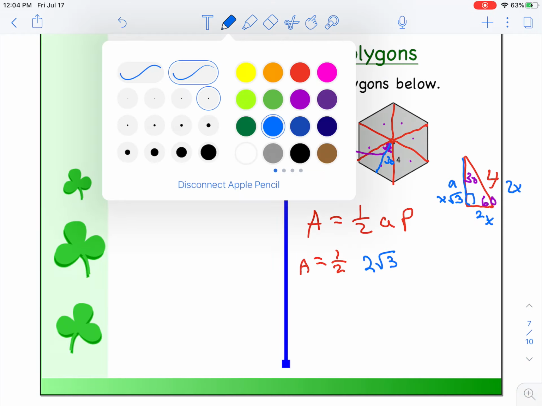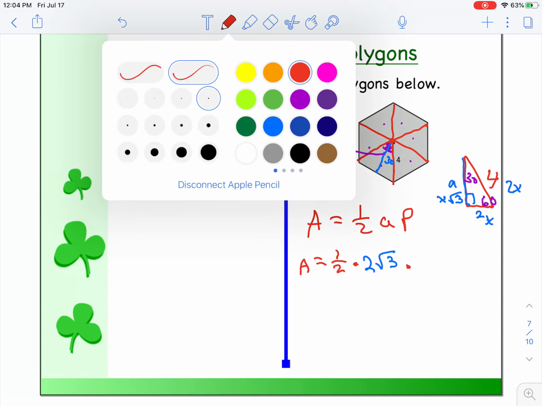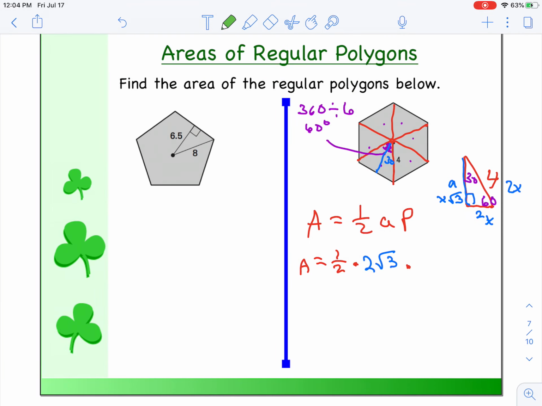So that means if this is 4, this side right here would be 2, and so that apothem is 2 square root of 3. Again, you're going to get slightly different answers if you use sine, cosine, or tangent, but it should be pretty close, and that's why it's really important to show your steps and your thinking.